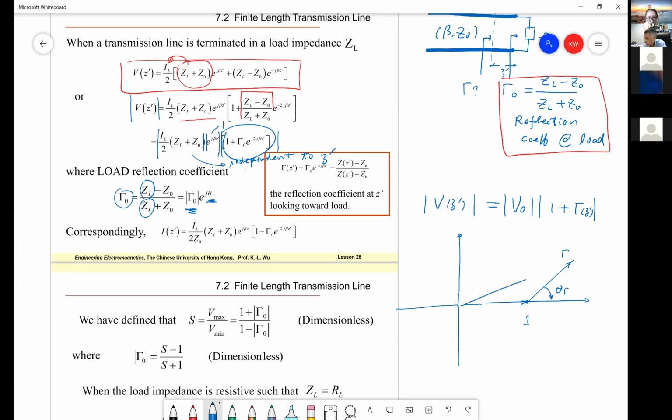Then this vector is gamma, and this vector is nothing but 1 plus gamma. You can rotate this vector through 360 degrees.